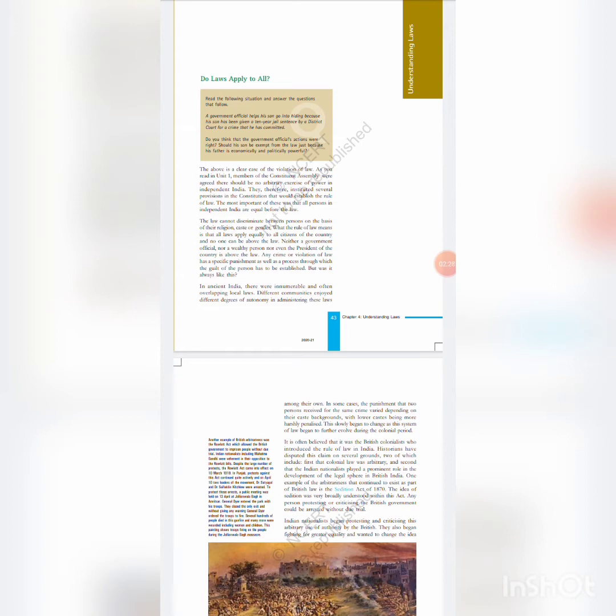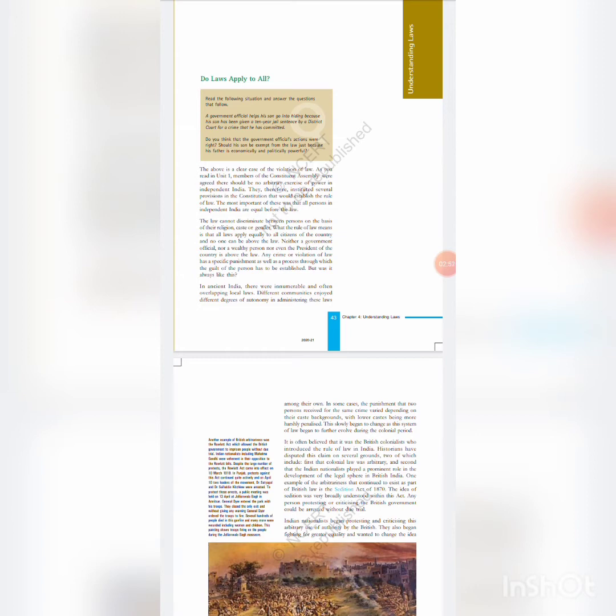In ancient India, there were innumerable and overlapping local laws which did not apply equally to all. The punishment for the same crime varied depending upon caste background, with lower castes being more harshly penalized.